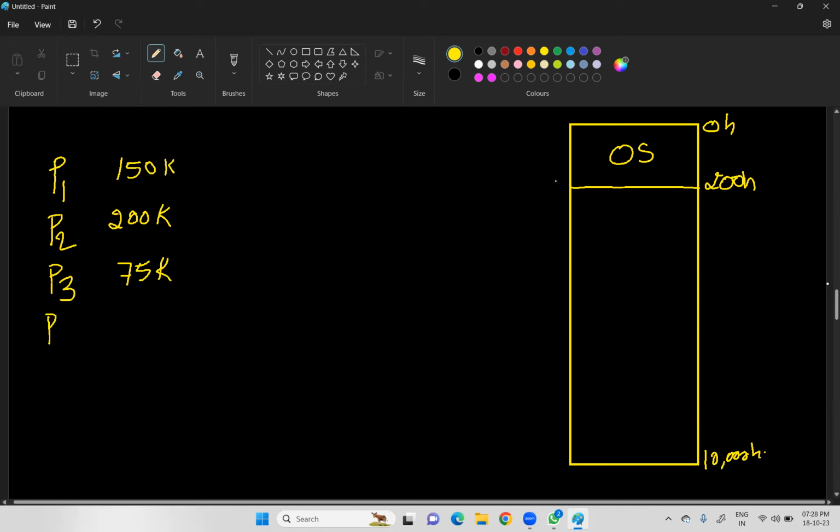Process 4, wait for a while. Let me take somewhat larger values because it is 10,000. Sorry for this. So 1500 kilobytes are required, then approximately 2500 kilobytes are required here, and 750 kilobytes are required here to store.